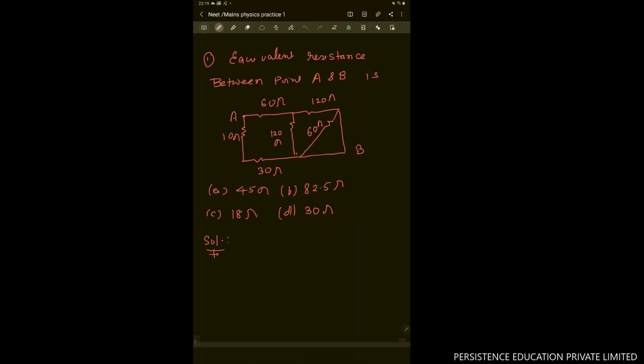So if we understand the concept of a group point, first name it. I will be naming this as C and this as D. So we will redraw the circuit.